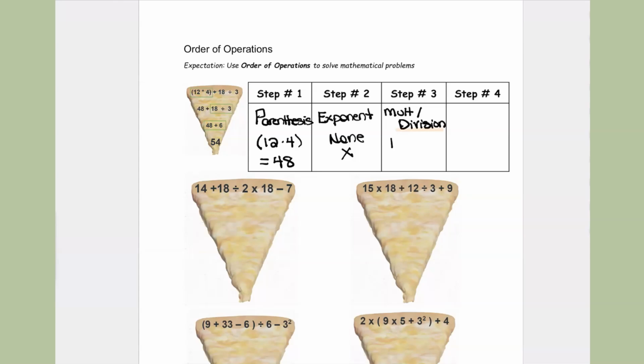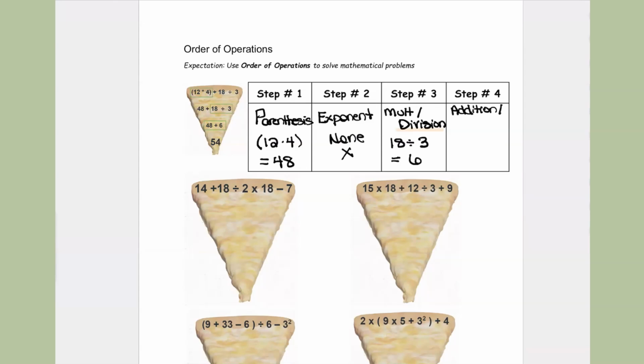So the only problem that we see here on our second line is 18 divided by 3. That is a division problem, so we can solve that to give us 6. Please notice as we're working through these problems, we write the answer in and just drop everything else down.